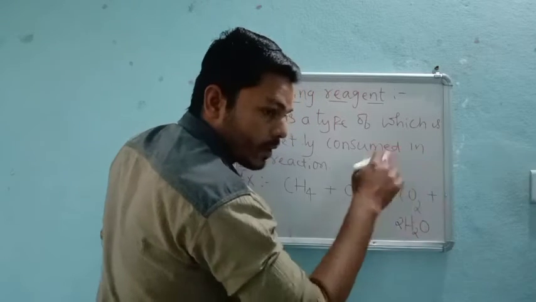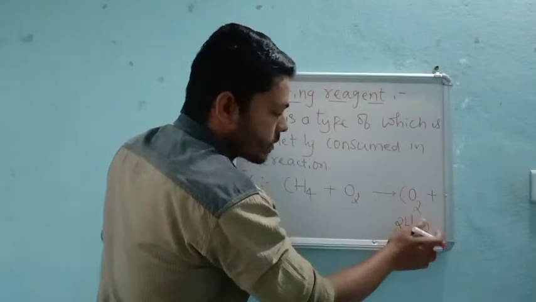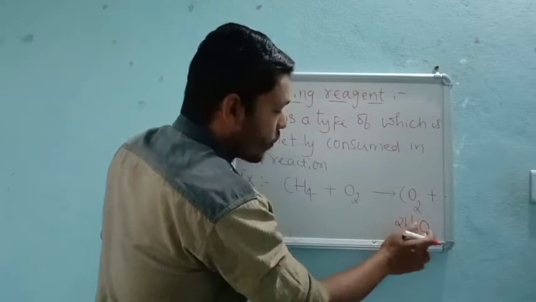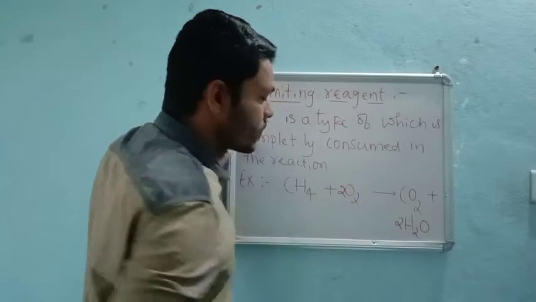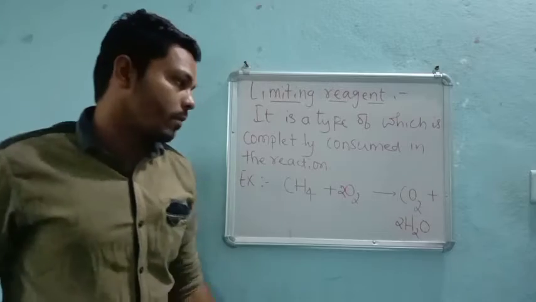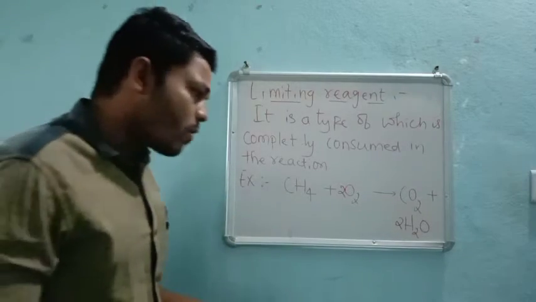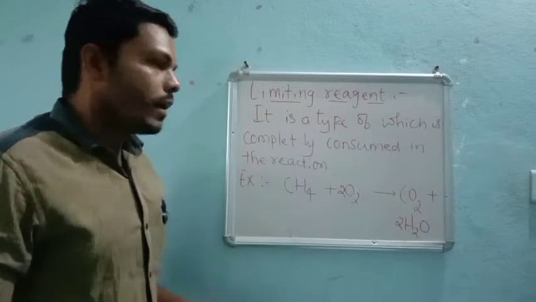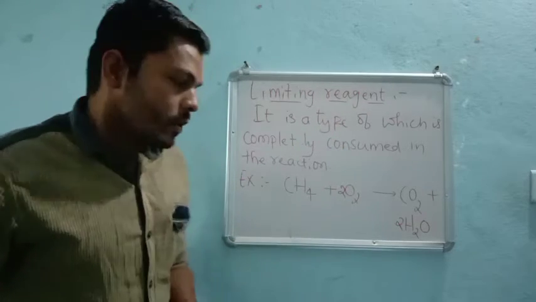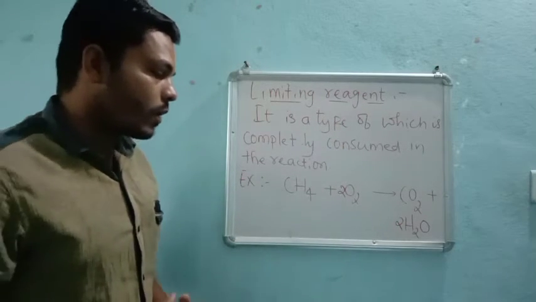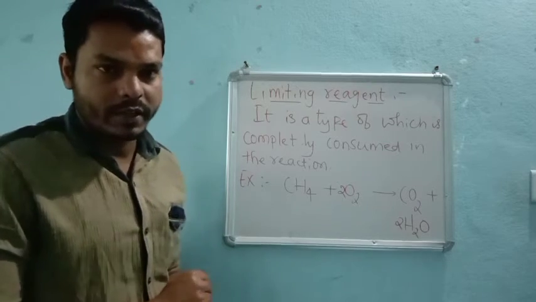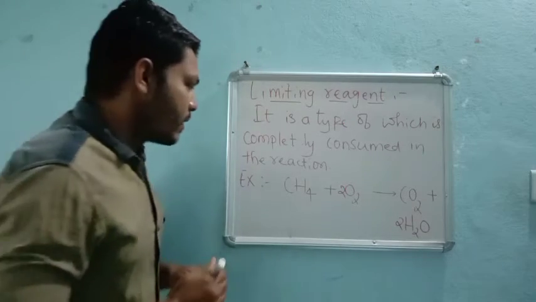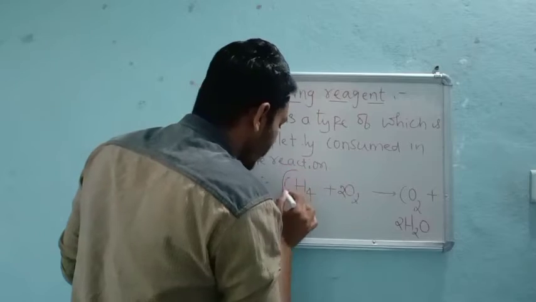But now count the number of oxygen: 2 plus 2, 4. That means you multiply this with 2. That means our equation is balanced. So now how to identify a limiting reagent in any chemical reaction? Here CH4 is the limiting reagent.